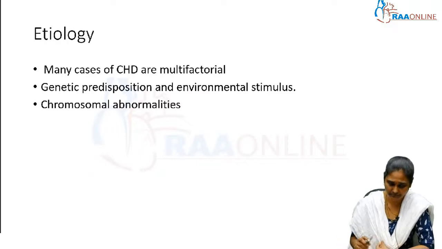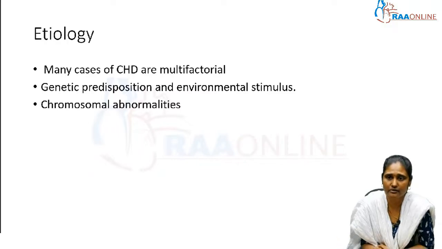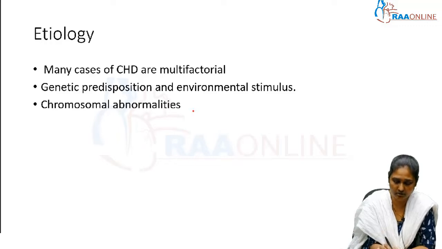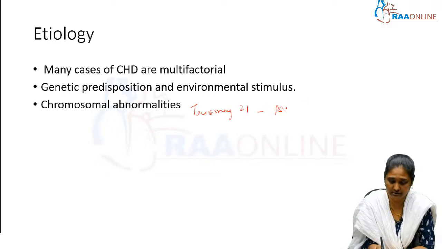For example, trisomy 21, the common chromosomal abnormality that is Down syndrome, is associated more commonly with endocardial cushion defects, that is atrioventricular septal defects. More than 50% of patients with trisomy 21 will have some type of cardiac defect, either ASD, VSD or AVSD.